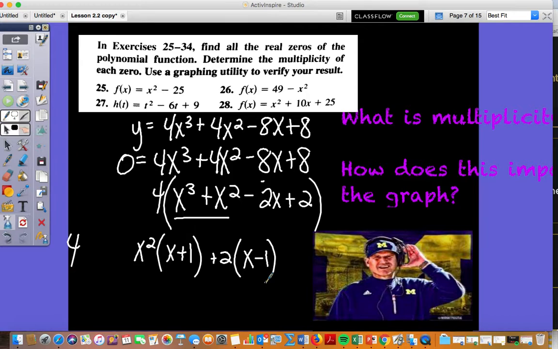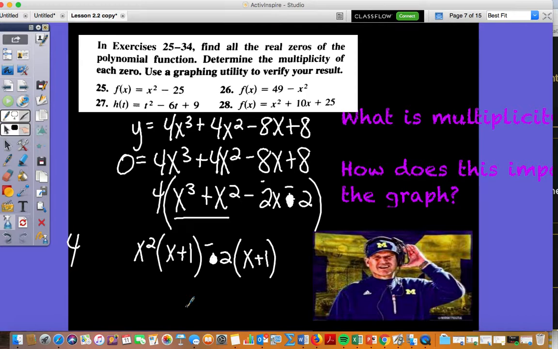Let's change this 2 to a negative, because let's say I took out a negative 2 here. That's in common. What does that change this to? x plus 1. The reason is these have to be the exact same. Does that make sense? You're basically taking the first two terms and the second two terms and pulling out what's in common. So what's in common between this first one and the second one?